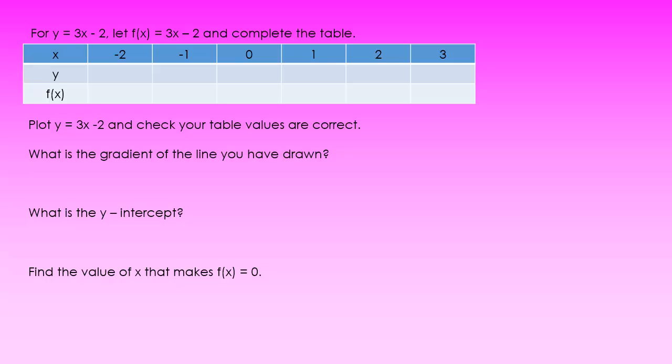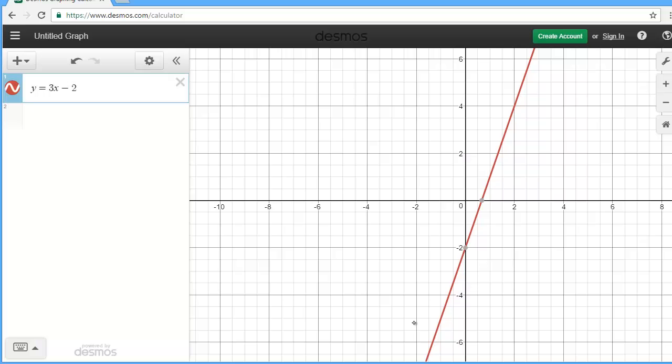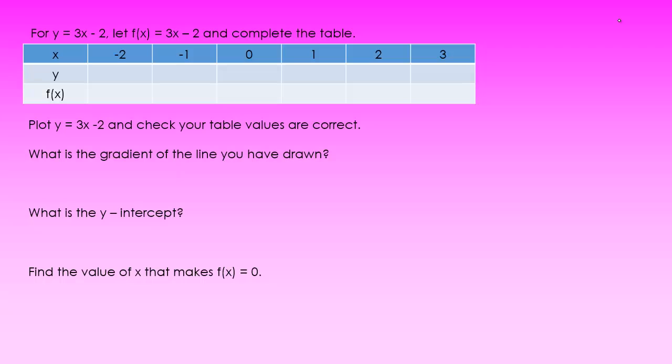So we want to know the gradient of the line we've drawn. Well, let's just get the line back. So let's suppose, start here, I go 1 unit across, then I go 1, 2, 3 up. So my gradient is 3 divided by 1, which is 3.